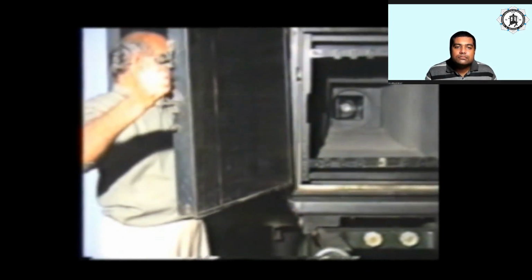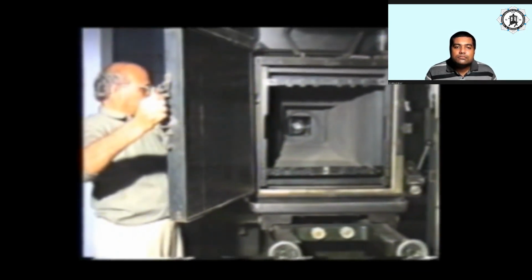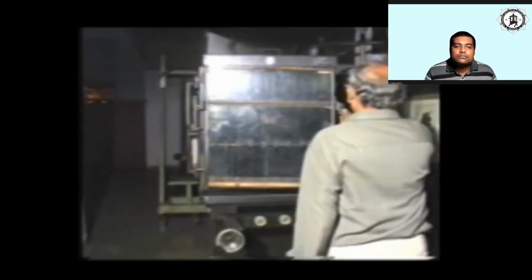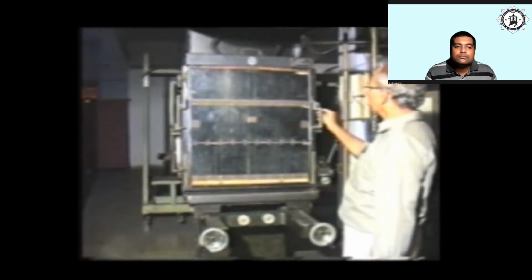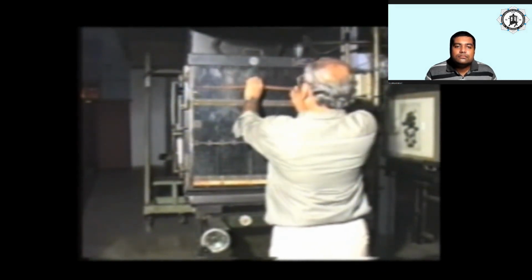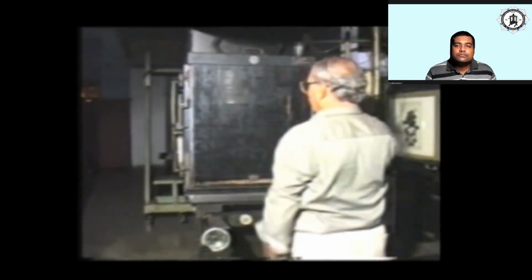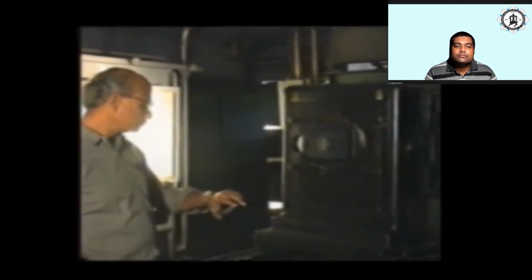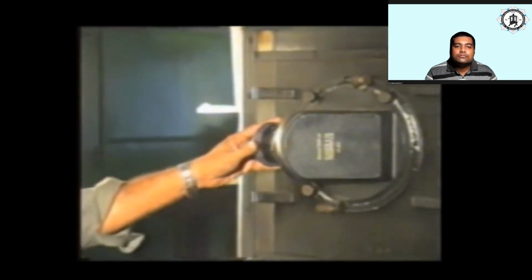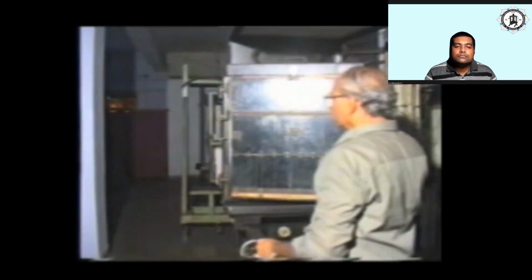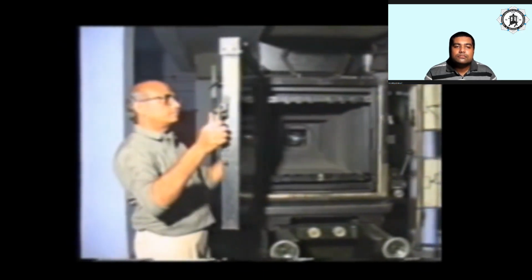This is the dark slide loaded with film in the darkroom and inserted in the camera. To obtain the negative, exposure is given for a stipulated time, and the dark slide along with the film is brought to the darkroom and developed.